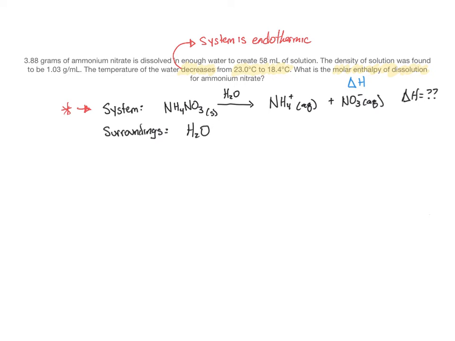And so this means that we expect the delta H to be bigger than 0, to be a positive number, indicating that this reaction is endothermic.